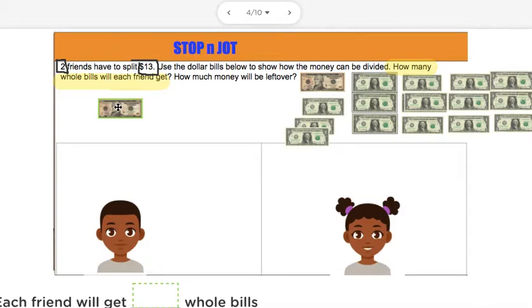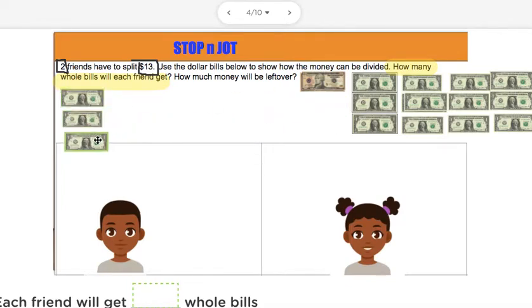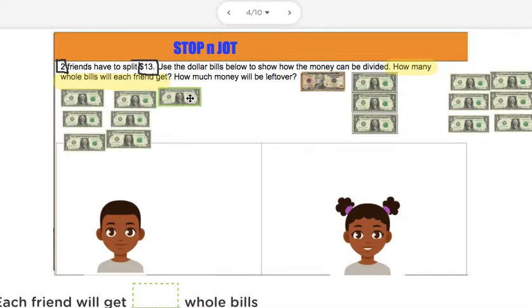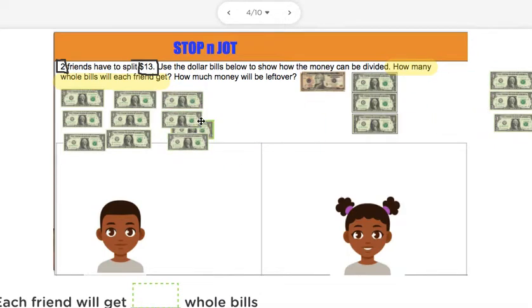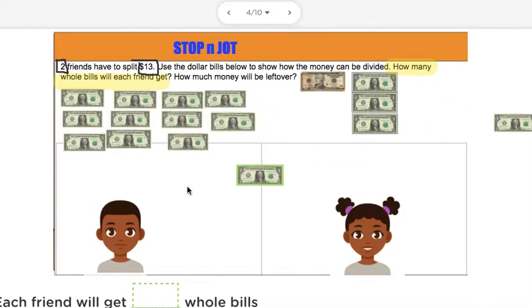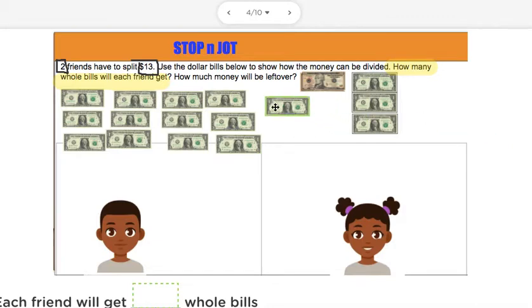Yes, we can break this $10 bill and make change into $1 bills. How many $1 bills are inside that one $10 bill? Beautiful, 10. And we're going to add 3 more dollar bills because we should have $13 altogether.